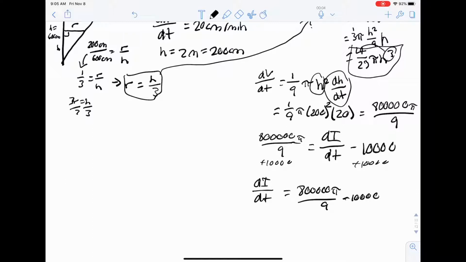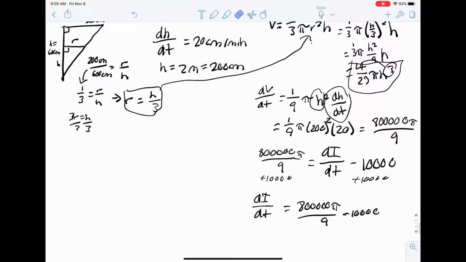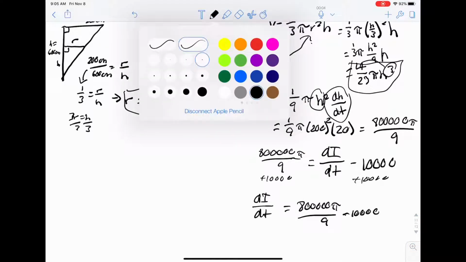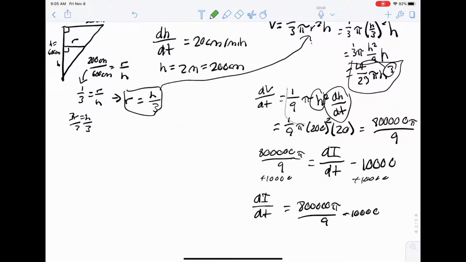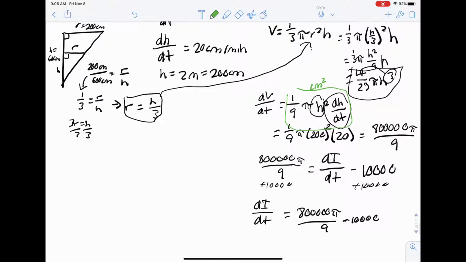And so to get our units, let's go back up here. We have height squared. Height is in centimeters, so that's just going to be centimeters squared. And we have dh dt, which is centimeters per minute.